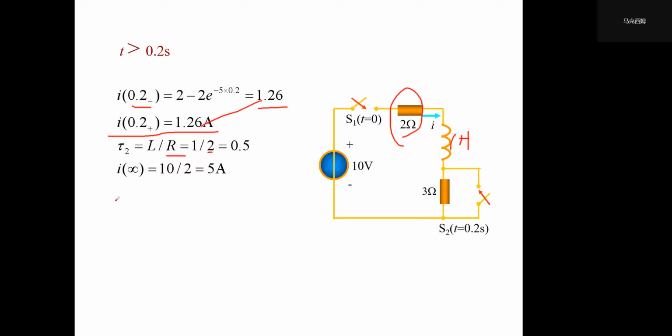And the final value of it is this one. This one is 10 over 2, which is 5 ampere. So we put it in. So we have the formation of IT.